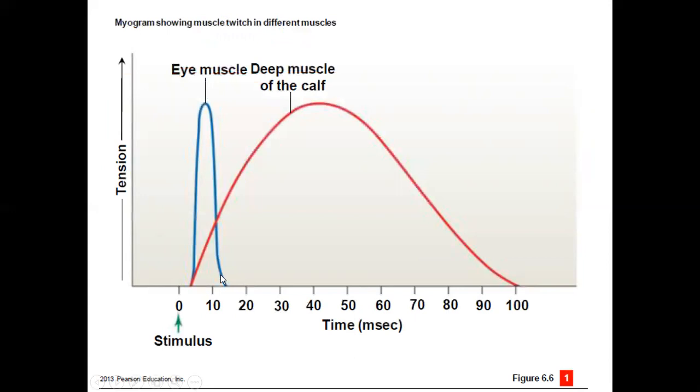So think about blinking your eye versus a deeper calf muscle that you would use to walk. So contract and relax to walk, and then contract and relax to walk. But if you need to blink your eye or move your eye to the left and to the right, really quick movement, contraction relaxation happens really quickly. So how long a muscle will contract depends on the type of muscle, where it's located, and the needs of that location.